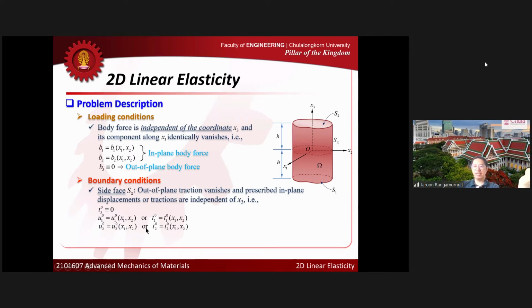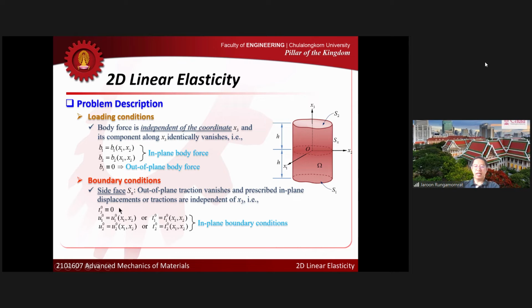In the x2 direction, we can do exactly the same: specify displacement or specify traction. That's what we call the in-plane boundary conditions, or the boundary conditions for the 2D case, because it's required to specify only 2 components of the displacement or the traction at any point along the boundary S pi.